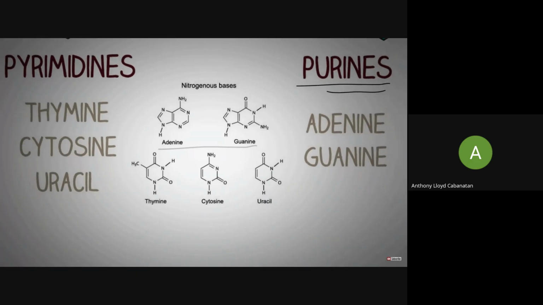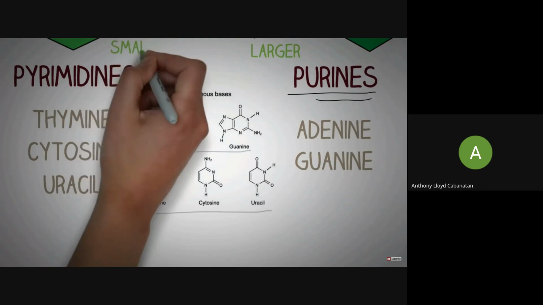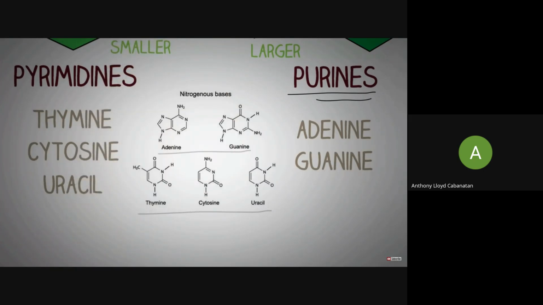Due to the presence of double rings, these purines are larger as compared to the pyrimidines. The thymine, cytosine and uracil all are single ring structures and they are smaller as compared to the purines. The difference in the size of these bases is very important as it helps to pair these bases in the structure of DNA properly, which we'll study later.